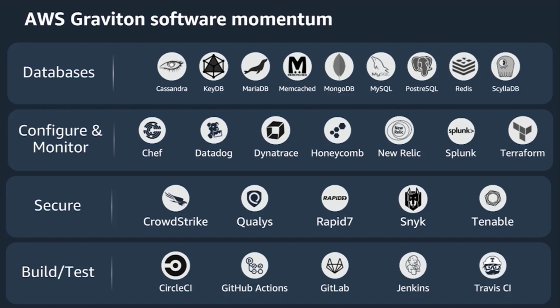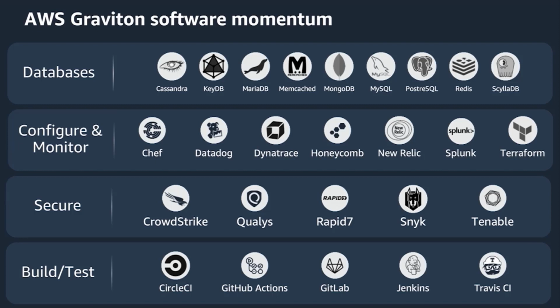Looking at some of the tools you might need in your production stack, whether it's an infrastructure as code tool like Chef or Terraform, or a monitoring tool like Datadog or Honeycomb or Splunk, the support is there, and you can monitor and gather logs from Graviton2 instances using these tools.